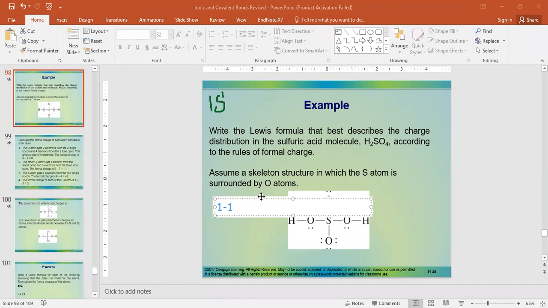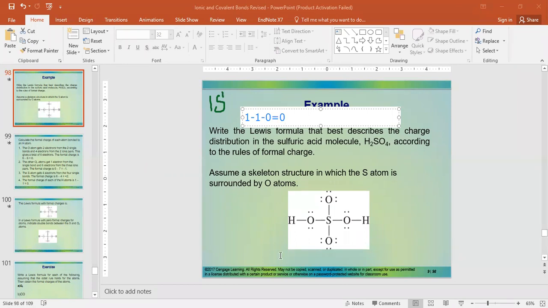Does this hydrogen have any lone electrons? No, it doesn't have, so you subtract a 0. And the answer that you get there is a 0. So this hydrogen and this hydrogen are the same.